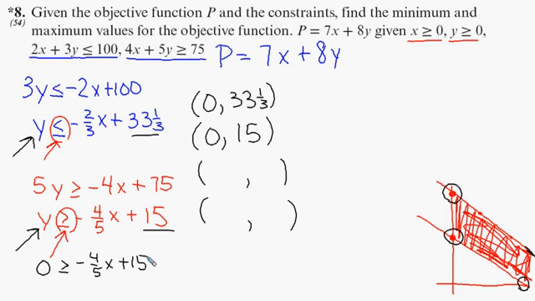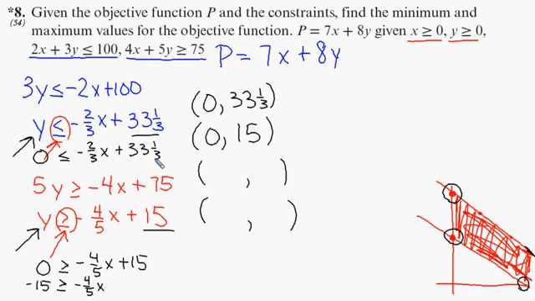Bring that 15 over here, we get negative 15 is less than or equal to negative 4/5 x. So basically what you're going to do is take negative 15 divided by negative 4/5, and then do the same thing over here. You're going to get 0 is less than or equal to negative 2/3 x plus 33 1/3.